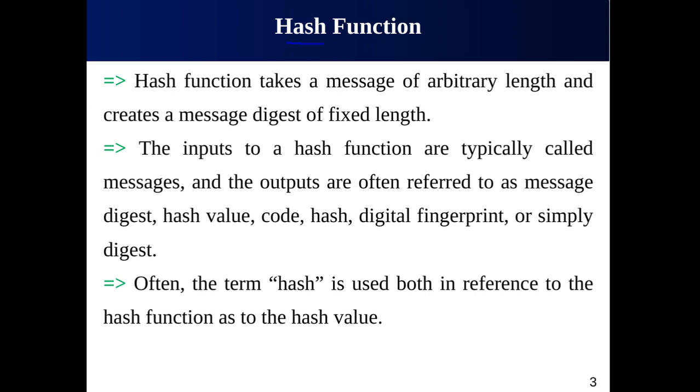You can say that a hash function takes a message of arbitrary length and creates a message digest of fixed length. The important point to remember is that the hash function will take a message as input and the length of the message is variable. It could be of any length, but the output, which is also known as message digest, will be of fixed size or fixed length.